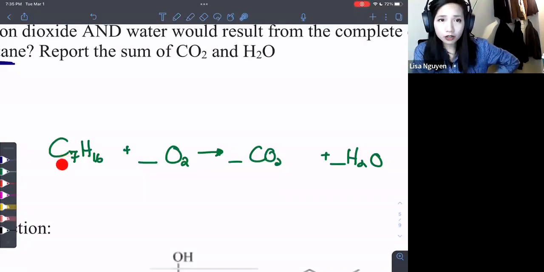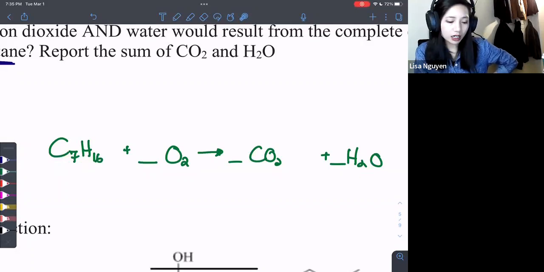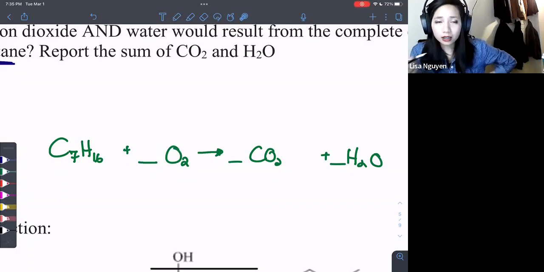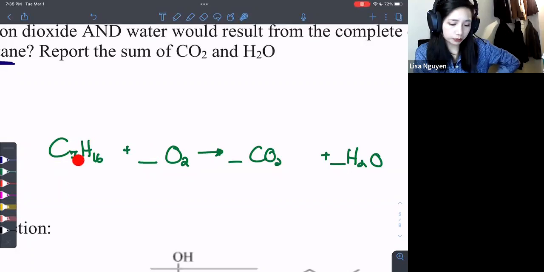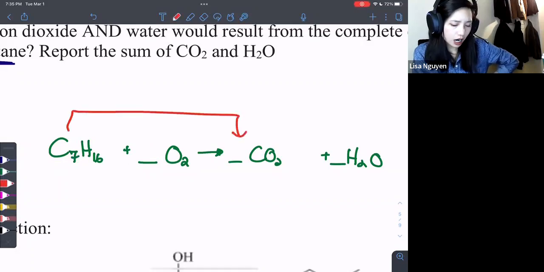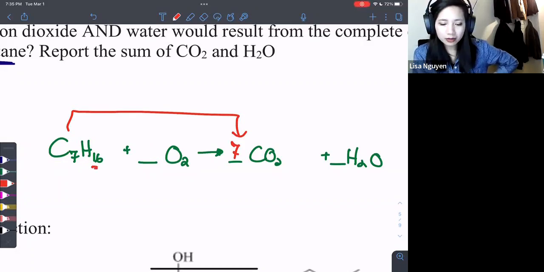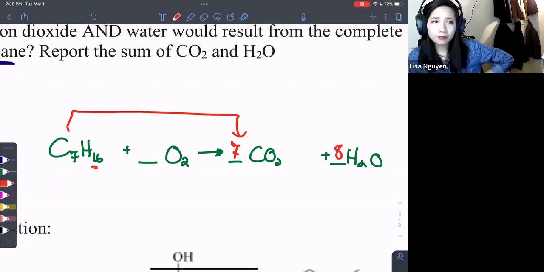We balance the carbons first with CO2. We balance the hydrogens next, and then we take inventory of all of our oxygens and make up with O2. That's how we balance a combustion reaction. So I see here that I need 7 CO2s for it to be balanced. I have 16 hydrogen atoms, so I need 8 H2Os over there, and then I'd be done.